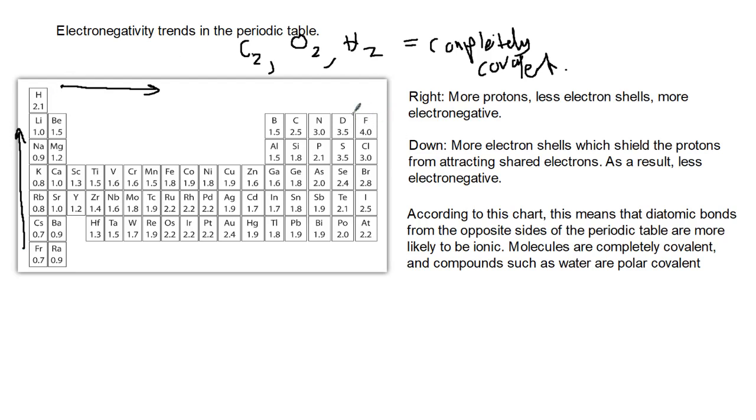For example, sodium chloride, or potassium sulfide. They're ionic, and they can break down easily in water because they are more ionic than water, more polar than water, and water can just break them down easily.